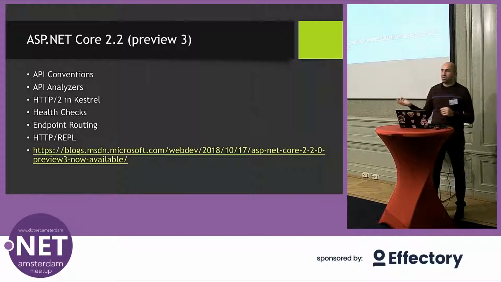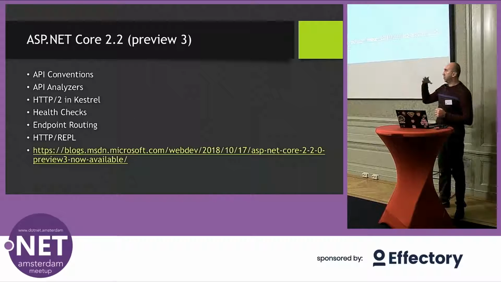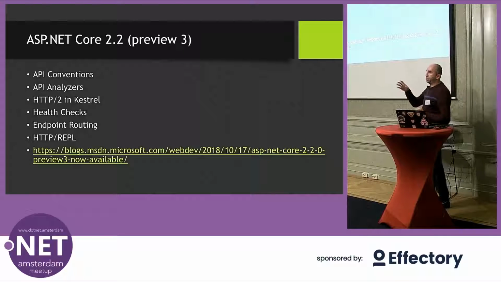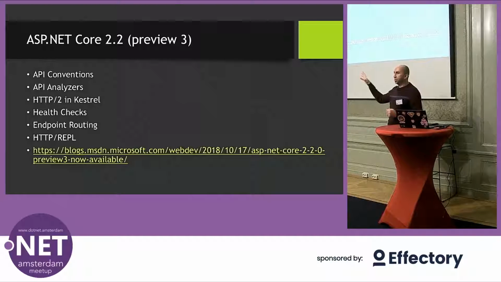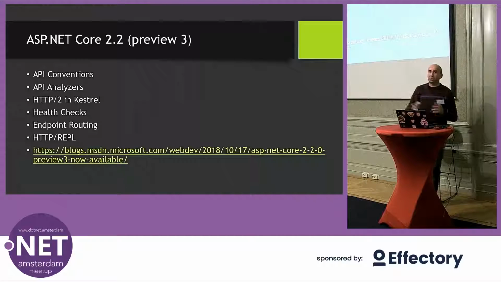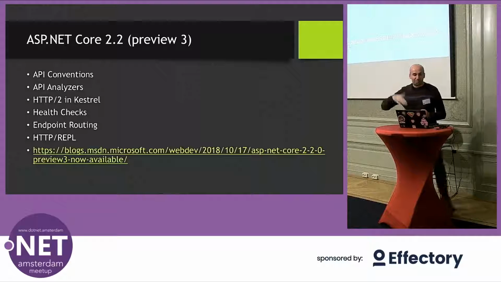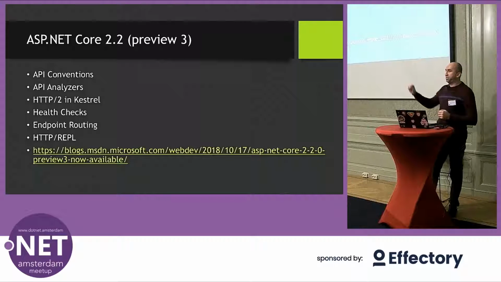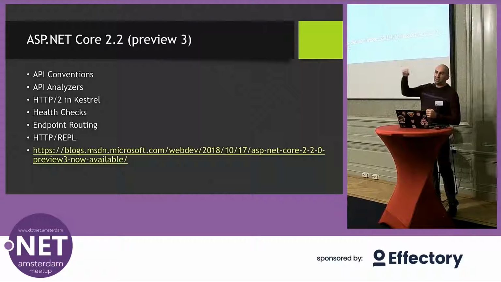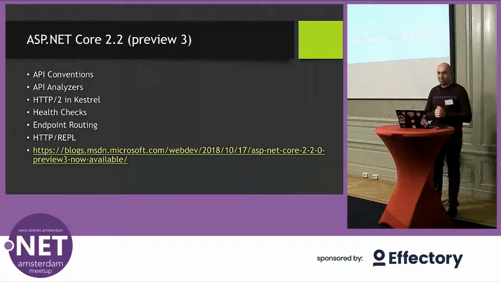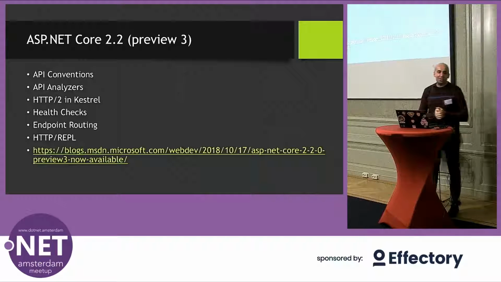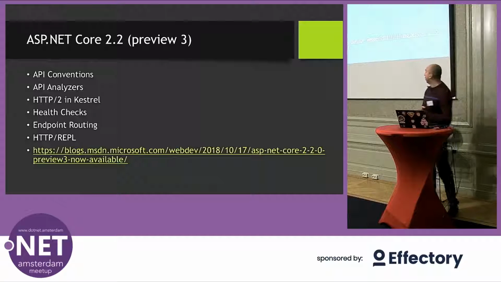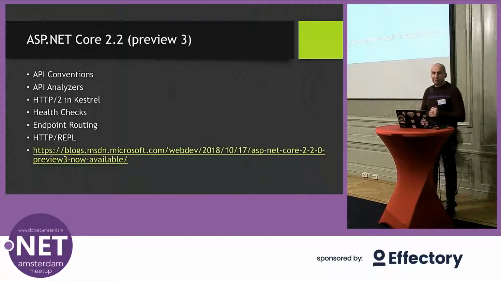You know how, let's say, Twitter or GitHub have a status dashboard, where you can check the status of their platform. Each service they have might be green, or it might be red if it falls down or something like that. So we have support for that now in ASP.NET Core 2.2, and you'll see how that works.